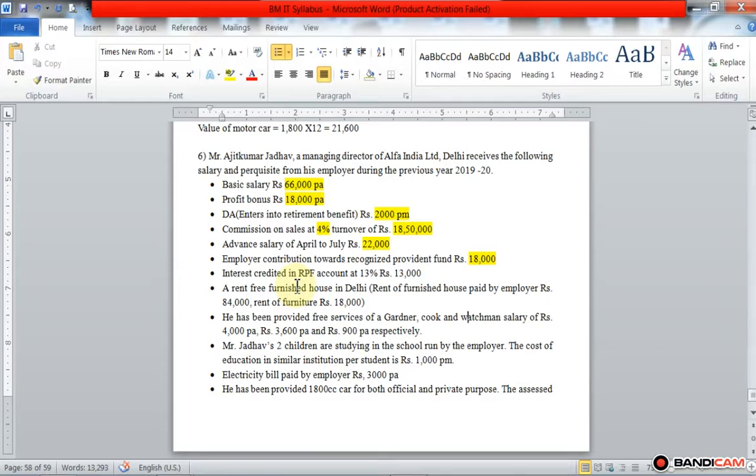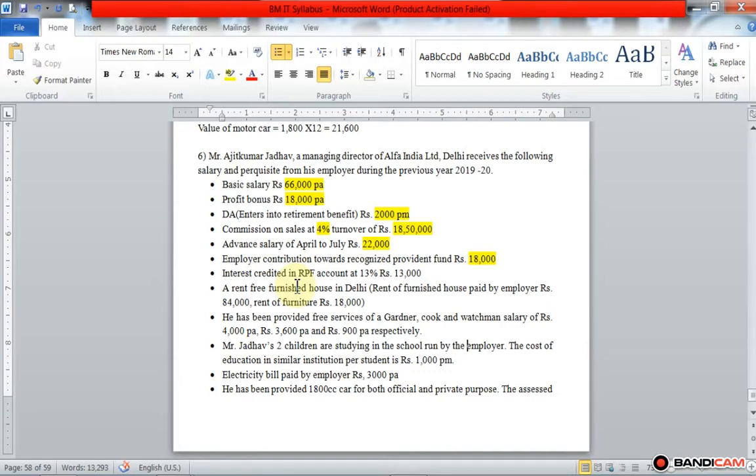So we compute it by applying the second rule of valuation of accommodation. If accommodation is not owned by the employer, then actual rent paid or 15% of salary, whichever is less, then we add the cost of furniture, that is 10% of the cost of furniture, and we get the rent-free furnished accommodation.